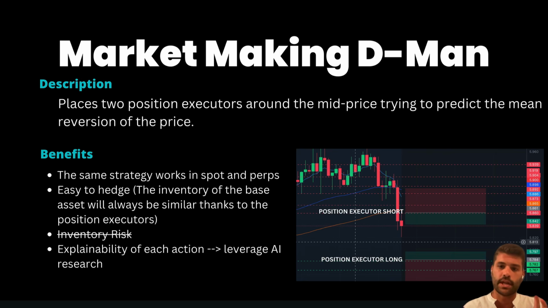All that execution is abstracted for you. You just need to create the position executor with the configuration of the entry price, the stop loss, the take profit and the time limit, and it will do all the work in the market for you. That is the idea behind these smart components.